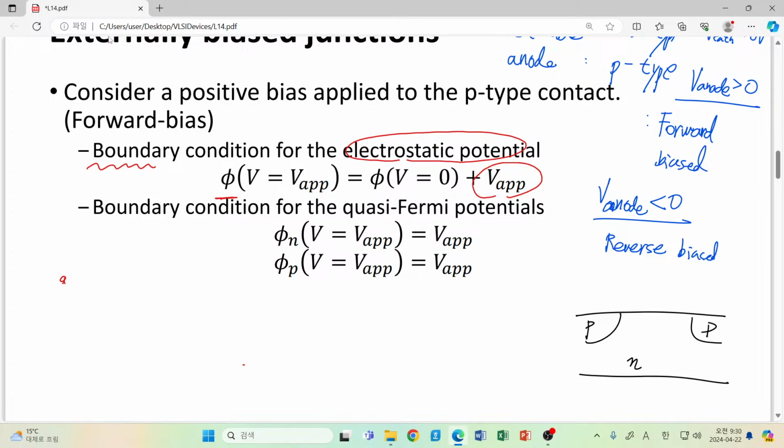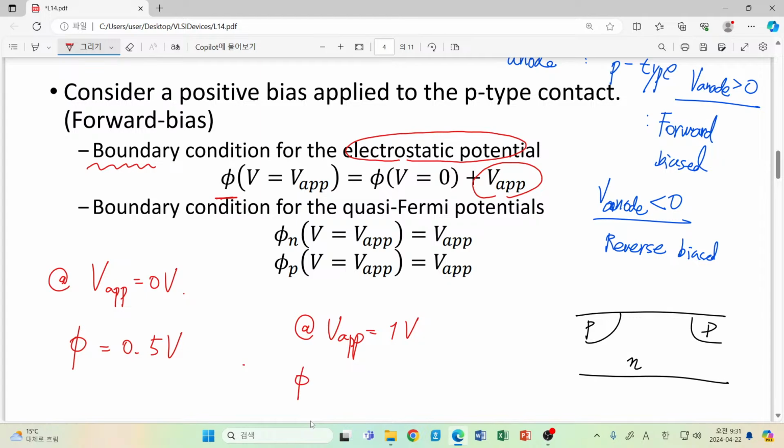Let's say that if you apply 0 volt, your electrostatic potential was, for example, 0.5 volt. Let's assume just that. Then now you apply, instead of this 0 volt, 1 volt to that contact. Then my question is, what will be the electrostatic potential at that point?